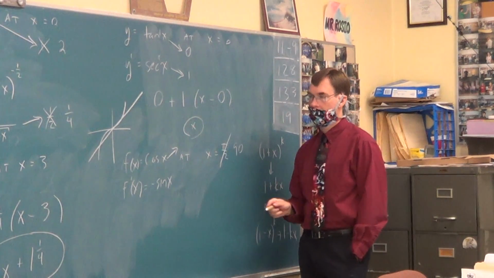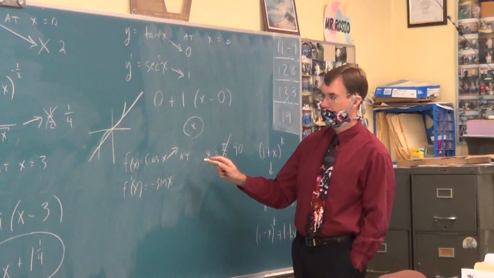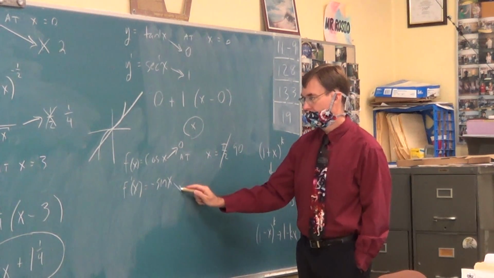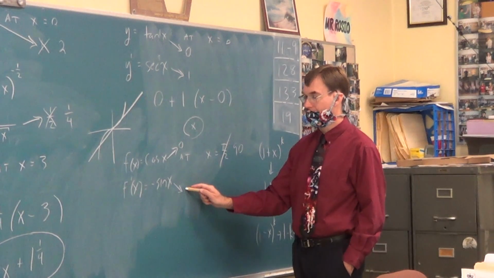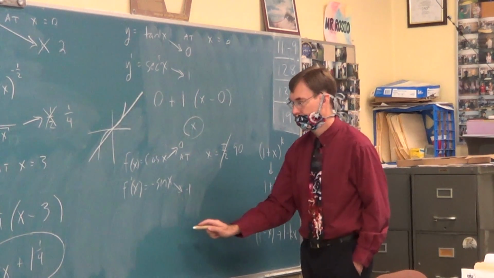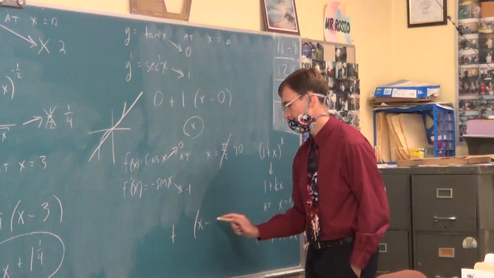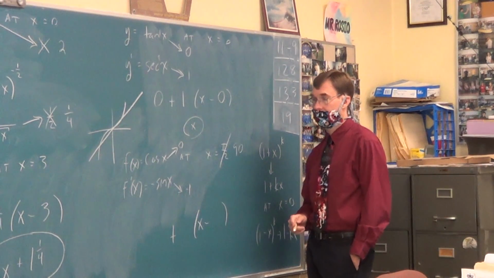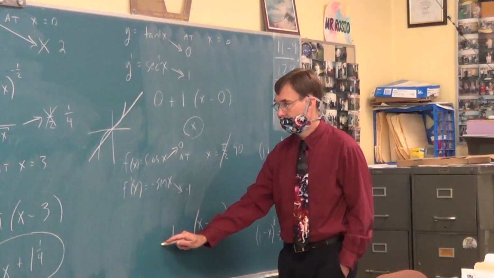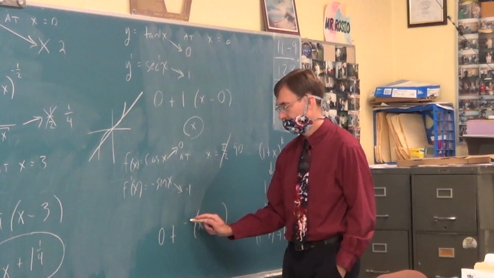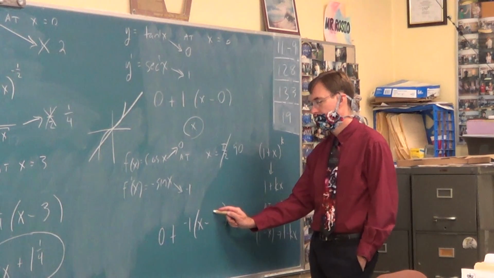Cosine of 90 is 0. Sine of 90 is 1, but in this case it's actually negative 1. And just stick the right number in the right slot. That's the 0. It's the negative 1.